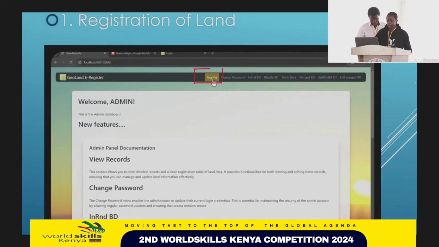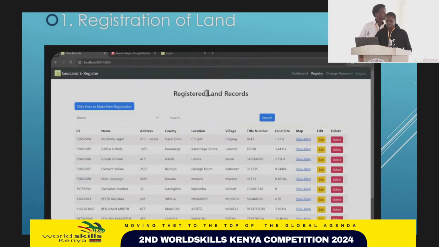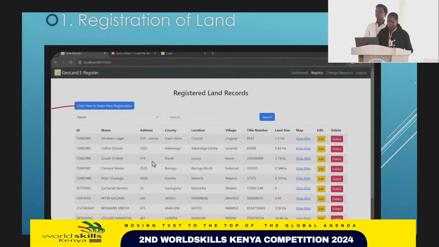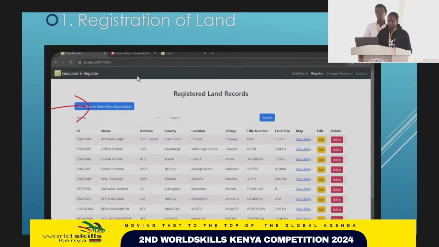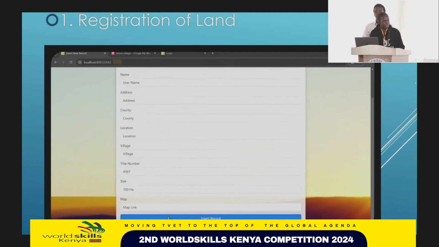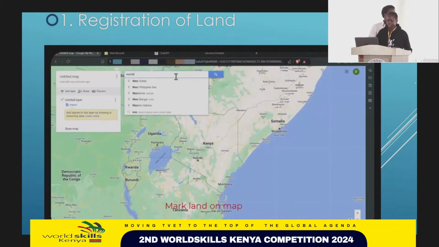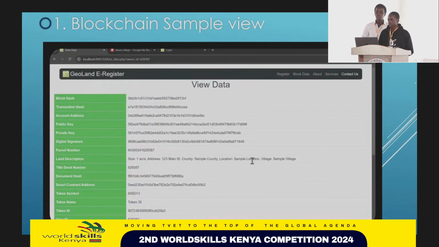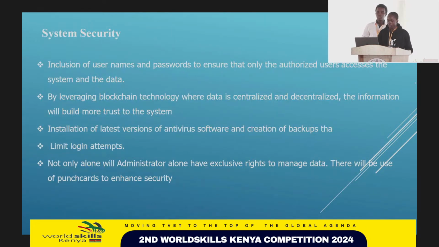For security, due to threats like SQL injection, we've decided to use blockchain technology, where your data is protected so that nobody can tamper with it, because the data is decentralized and stored in different nodes. The system security also includes passwords and limiting login attempts.